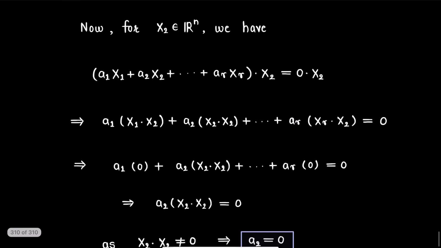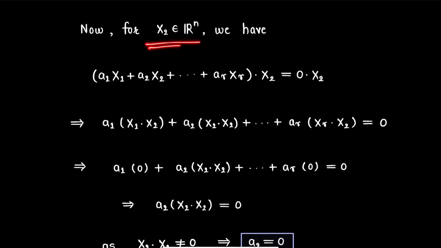Now, consider the vector x2 in Rn. Then if we take the dot product of this x2 on both sides of star, we get this expression. So, 0 dot x2 will be 0 vector and LHS becomes a1 x1 dot x2 plus a2 x2 dot x2 plus and so on plus ar xr dot x2.